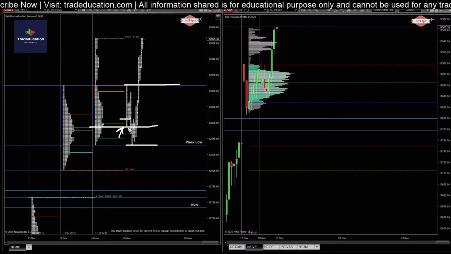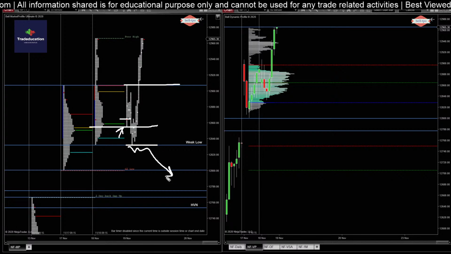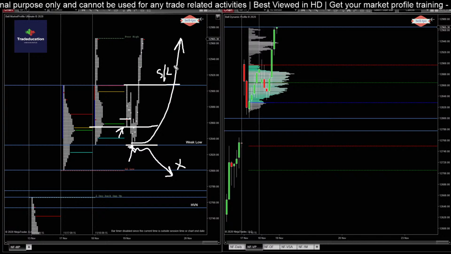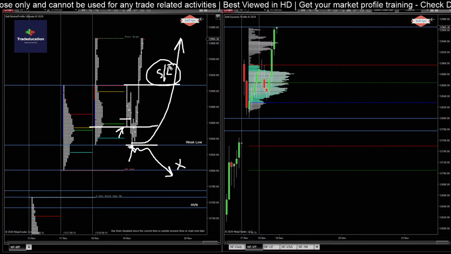This was an immediate reference for me that this intraday reference would be getting tagged, and I was expecting further continuation to the lower side, which did not happen. This is where buyers came in again, and the auction reversed and went higher. So basically this was more like a stop loss hunting move.